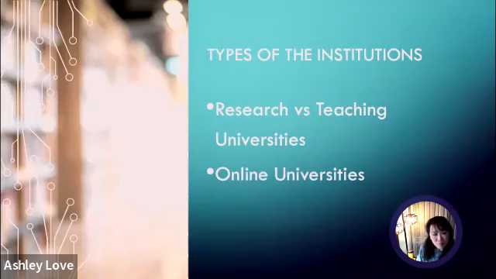But another category that you haven't seen, but you know that they exist, is online universities. So you probably have seen University of Phoenix, there's DeVry, there's a lot of online universities where they may have a physical presence on one site, but the university itself is online, it's virtual. So that's another type of university as well.